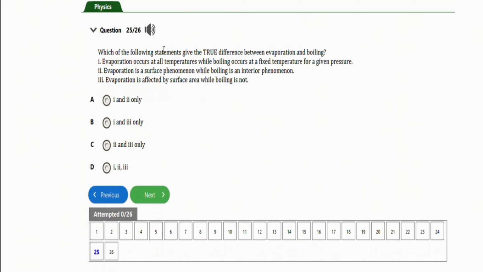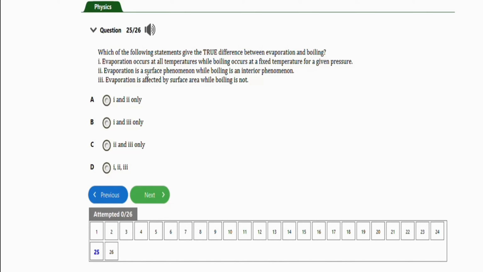It says, which of the following statements give the true difference between evaporation and boiling? Evaporation occurs at high temperature, while boiling occurs at increased temperature for a given pressure. Correct? Evaporation is a surface phenomenon, while boiling is an interior phenomenon. This is also correct. Evaporation is affected by surface area, while boiling is not.